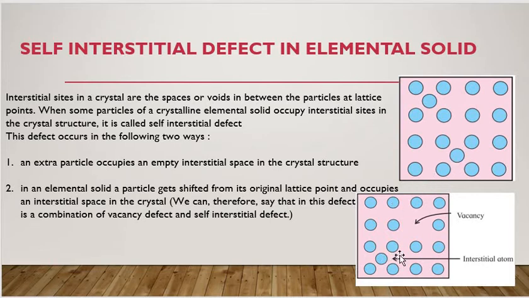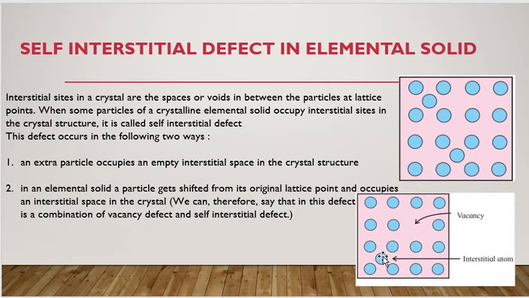Now the second kind of interstitial defect is when a particle leaves its proper position or lattice point and occupies an interstitial site. When such a case arises, it also comes in the category of self-interstitial defect.